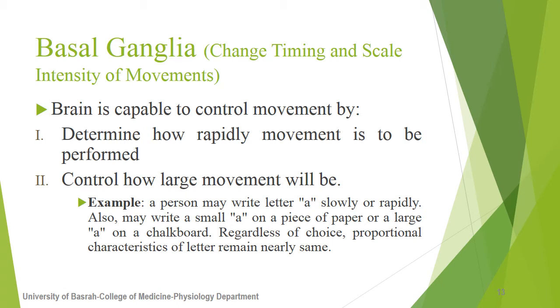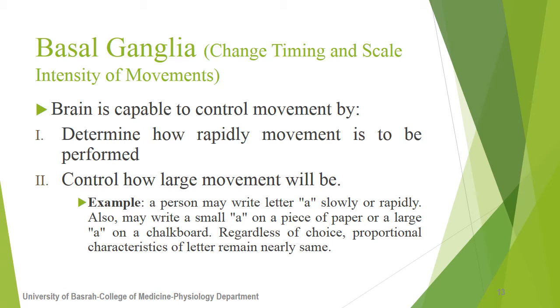When we perform a motor action, the basal ganglia help control that movement by telling how rapidly the movement needs to be: is it a rapid or a slow movement? It also controls the size of the movement. It scales the movement and smooths the movement, adjusting it so it comes out the proper way according to the type of movement and the object we are moving.